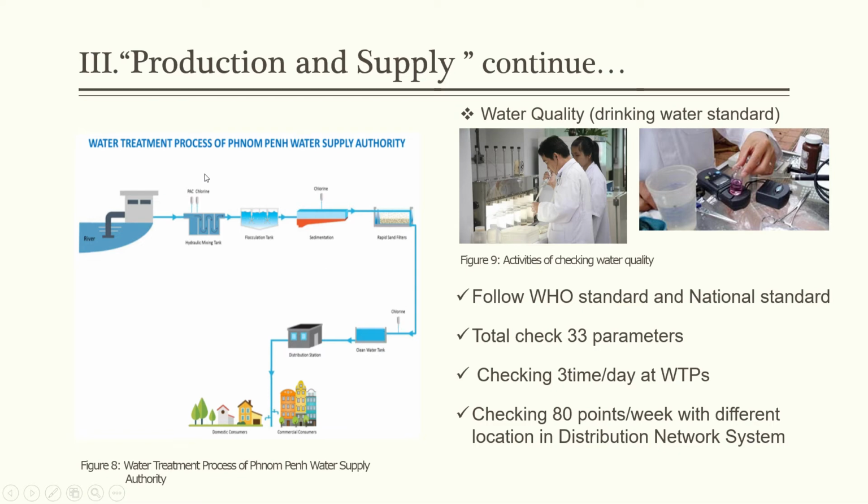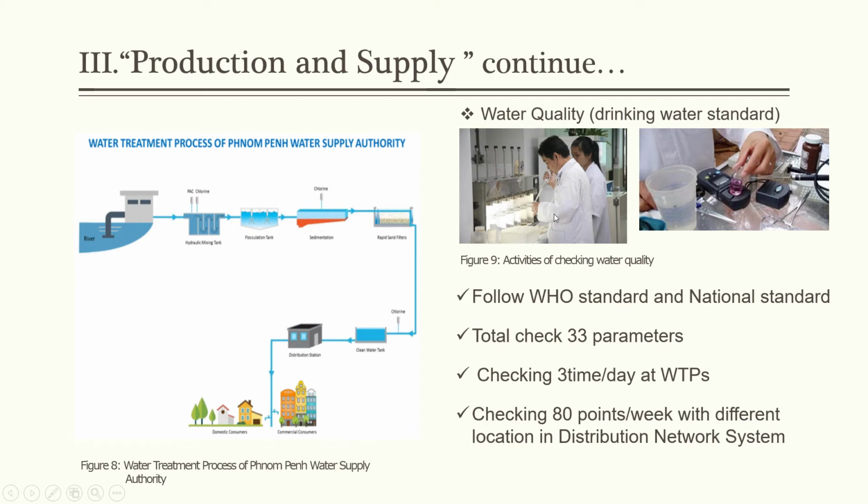So they have three different chlorine dosing points in this process. And after the storage is the distribution network, distribution station, and the last is domestic consumption and commercial consumption. This is the total water treatment process in the Phnom Penh water supply facility.